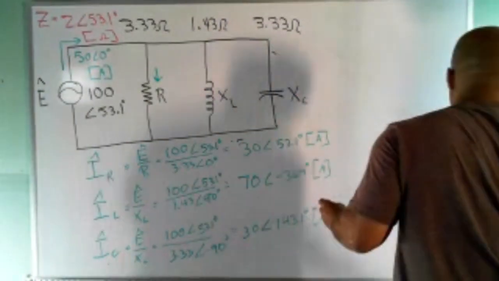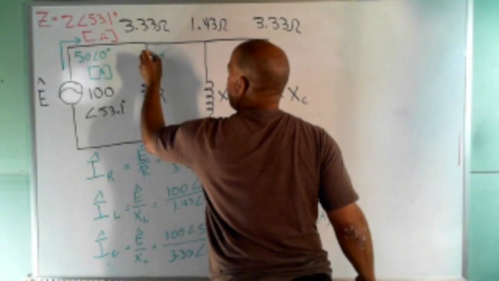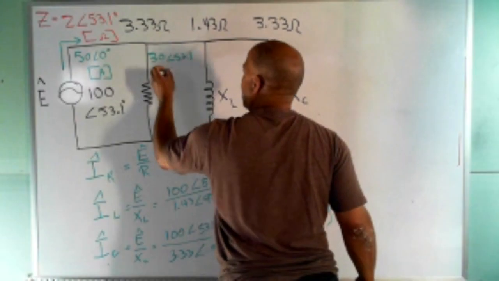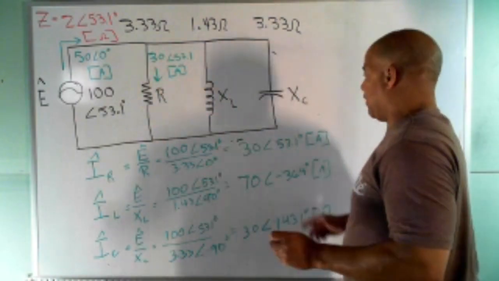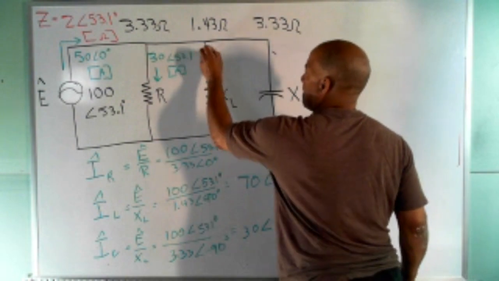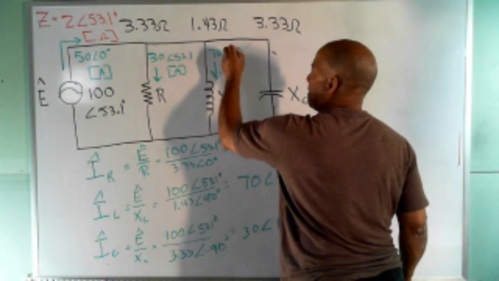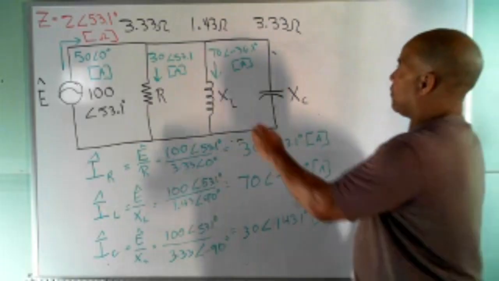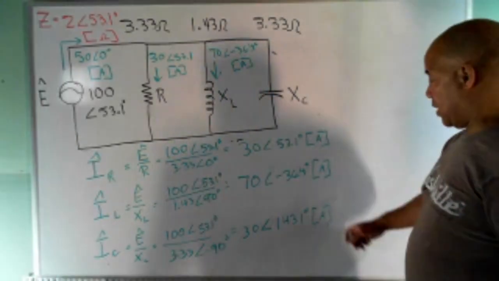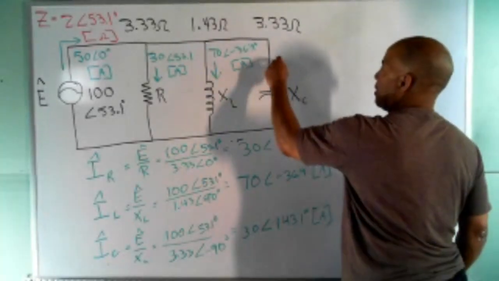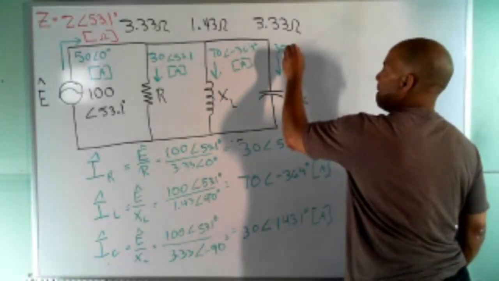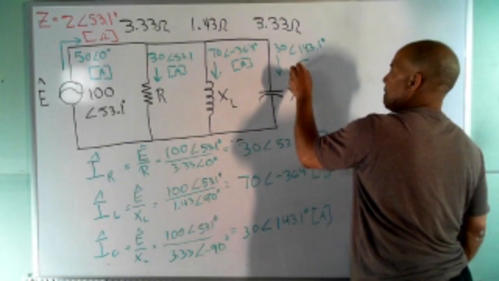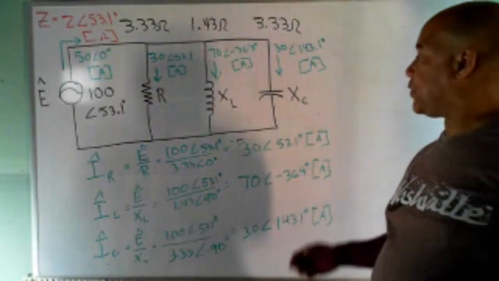So that one right there was 30 angle 53.1. 70 angle minus 36.4. And the last one, 30 angle 143. So there are all my branch currents.